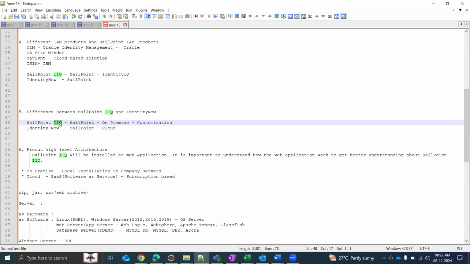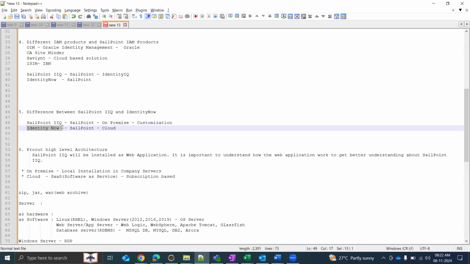And people who have a lot of requirements for complex customizations also prefer SailPoint IIQ only. But people who don't have complexity in their IAM implementation, who need an easy on-demand solution and don't want the overhead of maintenance, will prefer cloud. So they will go for Identity Now.